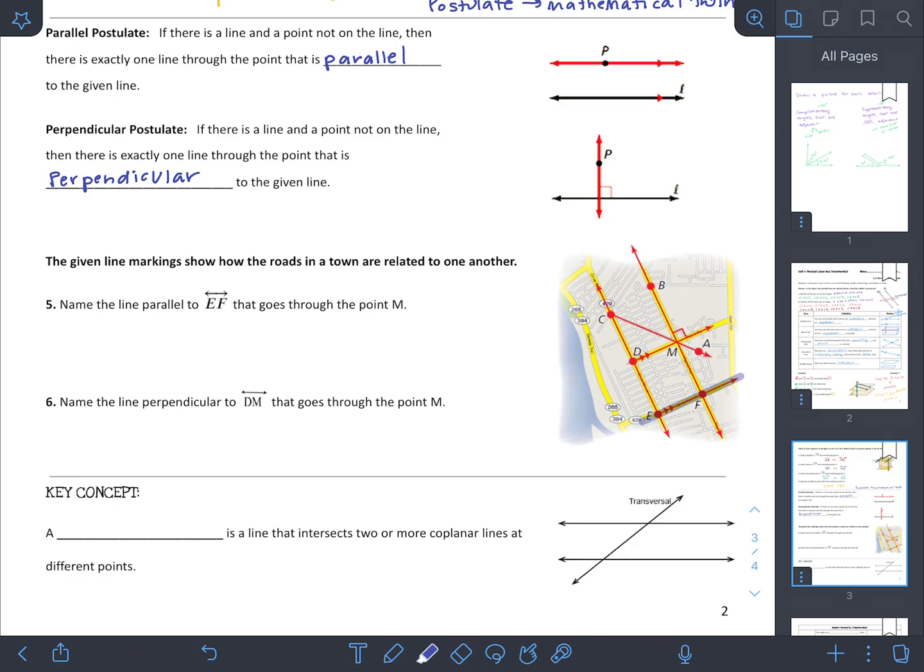A line parallel to that goes through point M. Again, the parallel postulate says there's only going to be one single line that can go through M and also be parallel to EF, and that is going to be line DM. Line DM.